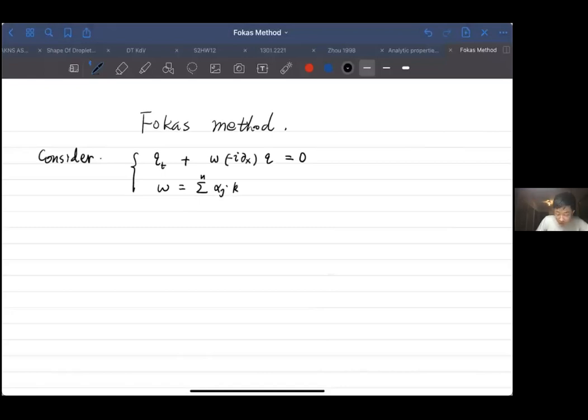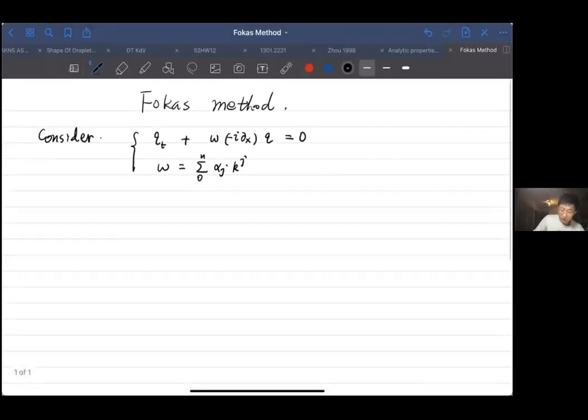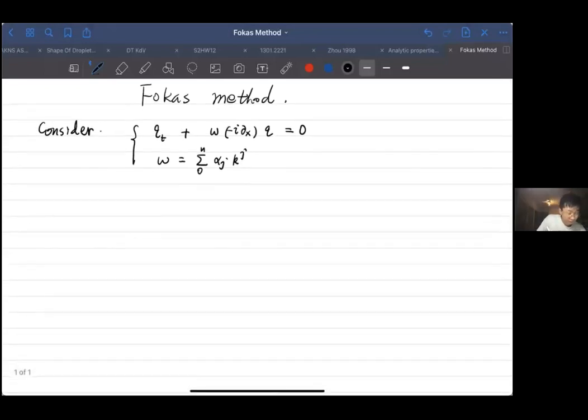And the Fokas method can solve the initial boundary value problem of this kind of evolution equation in general. There is initial data, q(x,0) equal to q_0(x). So this is called initial data.